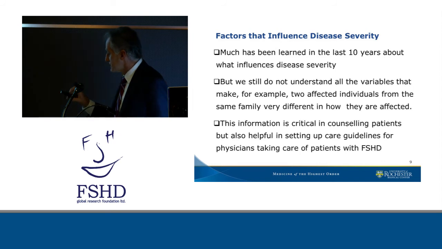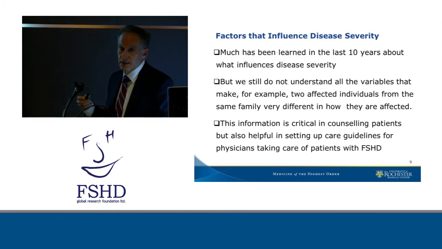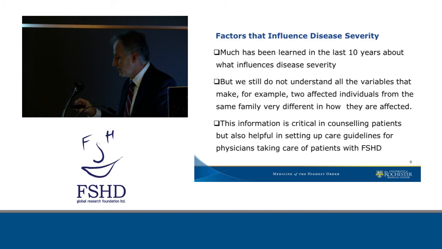So again, this information that has been accumulated over the last 5 to 10 years is based on an improved understanding of genetics, but also vice versa. We've used the clinical information to understand the genetics as well. But now I think we have a critical mass of data that we can collect and put together into guidelines to help counsel patients and provide the care providers with reasonable recommendations that they can follow.